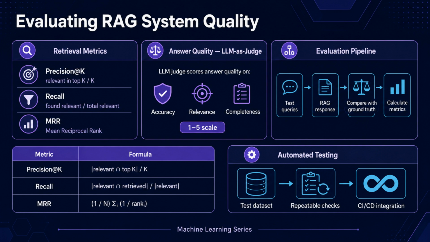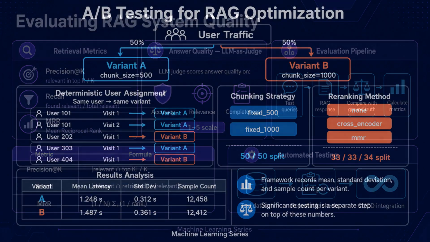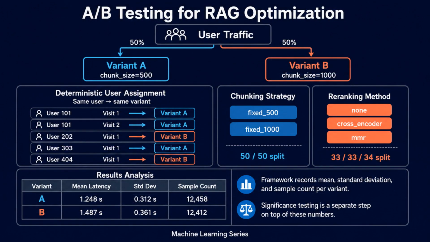For answer quality, use LLM as judge where another LLM scores answers on accuracy, relevance, and completeness on a 1 to 5 scale. Build automated evaluation pipelines with test query sets and ground truth answers, integrating with CI/CD to catch quality regressions before deployment.